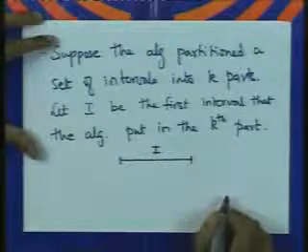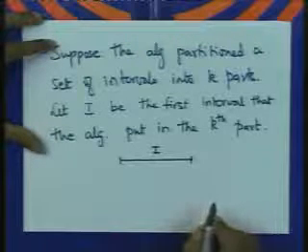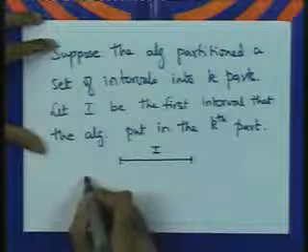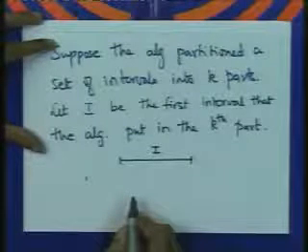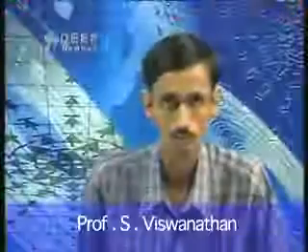This is my interval I. If I take any other interval which has already been considered, it has to start before I. This much I know. I also know that in each of the parts 1, 2, 3, 4 up to k minus 1, the first k minus 1 parts, there must be an interval which intersects with I. How does that look?